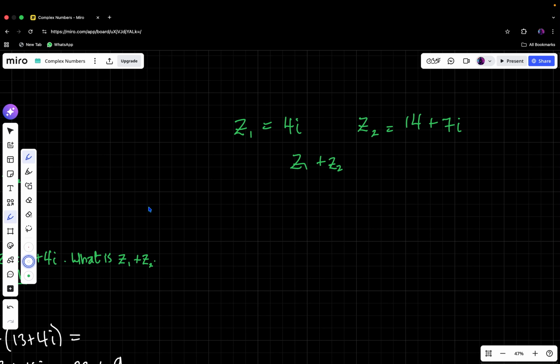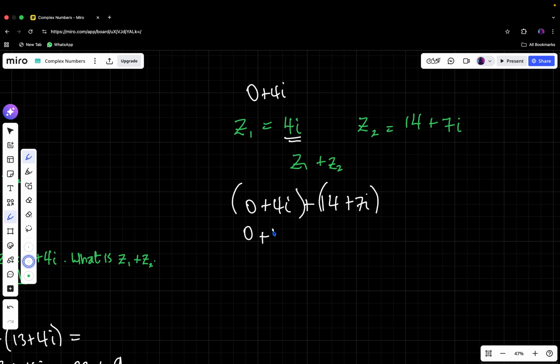Now, if you are confused, remember what I said: even if you're just given 4i, it just means there's still a real part, since it is the imaginary part that is given. The real part will just be 0 plus 4i. So we are just adding 0 plus 4i to 14 plus 7i.